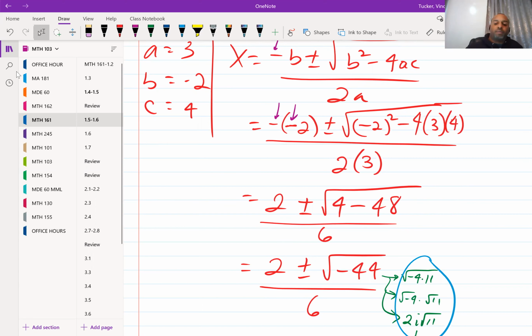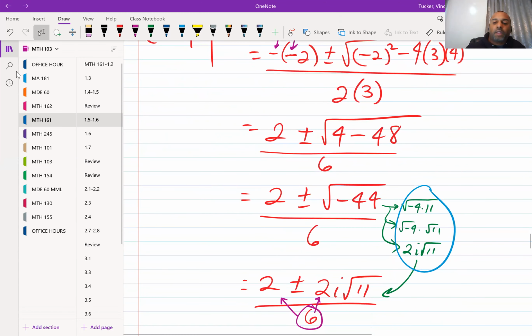So then over here in this blue box shows you how you can break down the square root of negative 44 as simple as possible. So taking the square root of negative 44, break it up into negative 4 times 11. Take the square root of negative 4, which would be 2i, and leave the 11 under the radical.